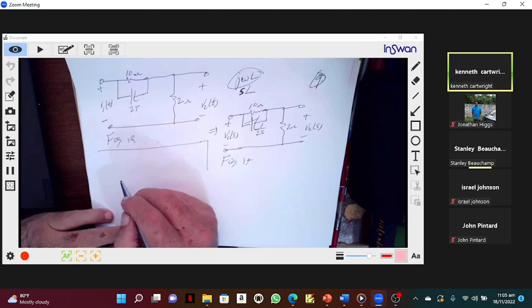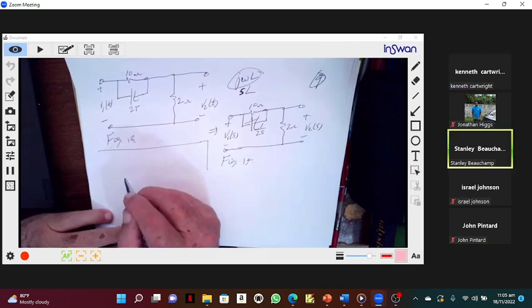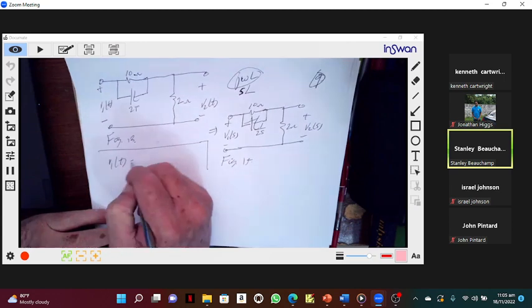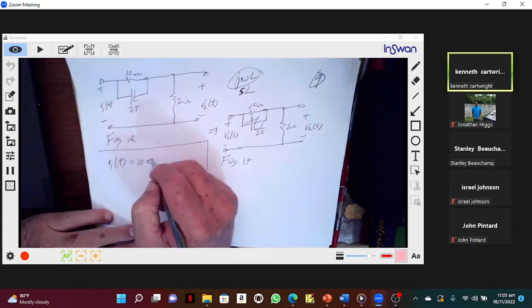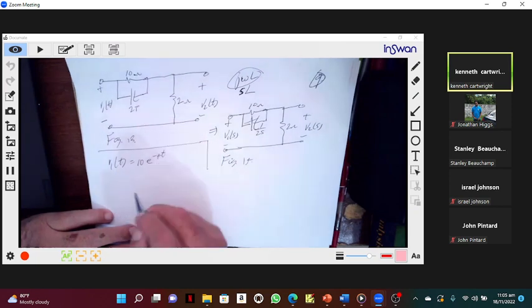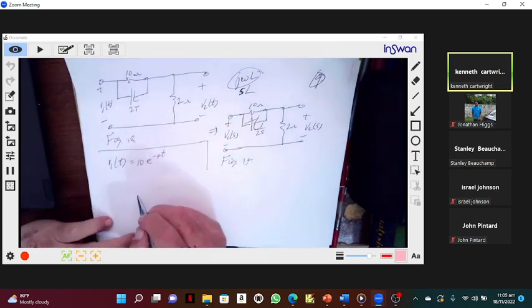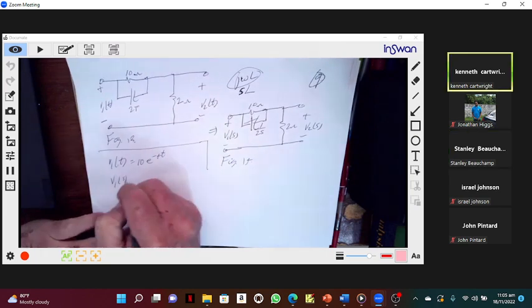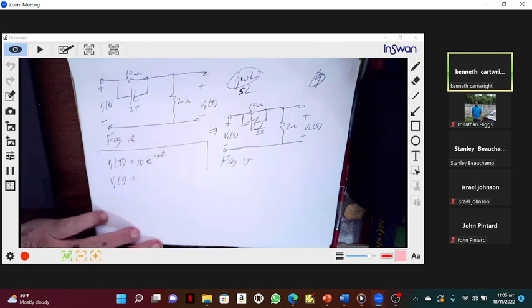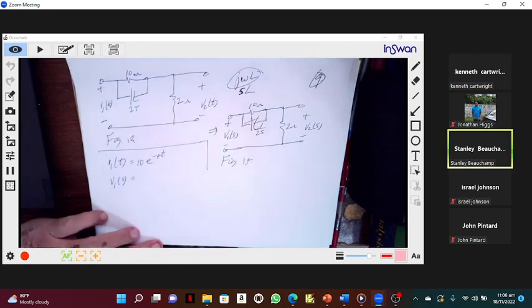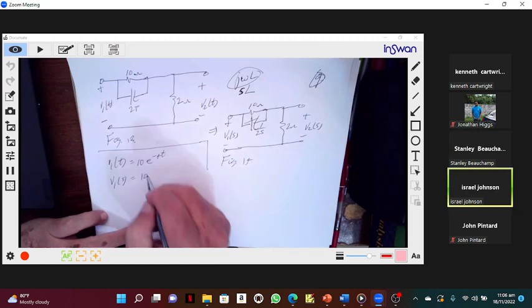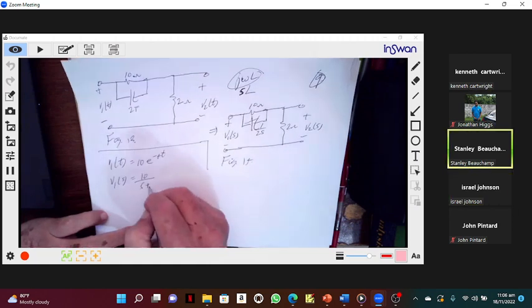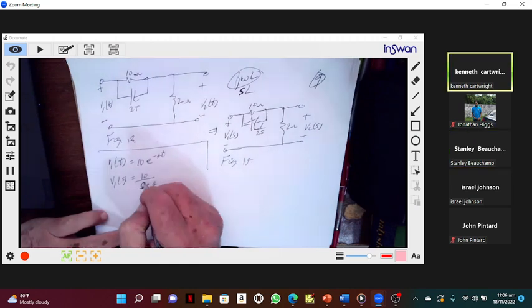You have to convert it to Laplace. V1 of s, which is how much? 10 over s plus 4.